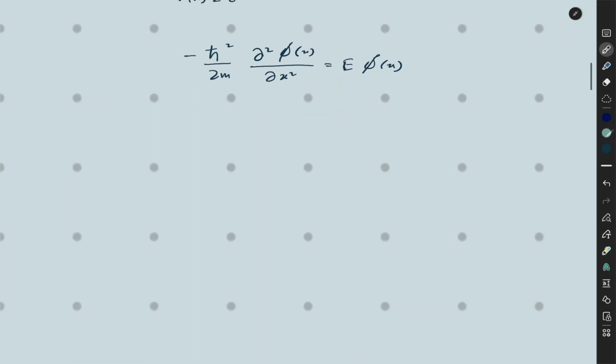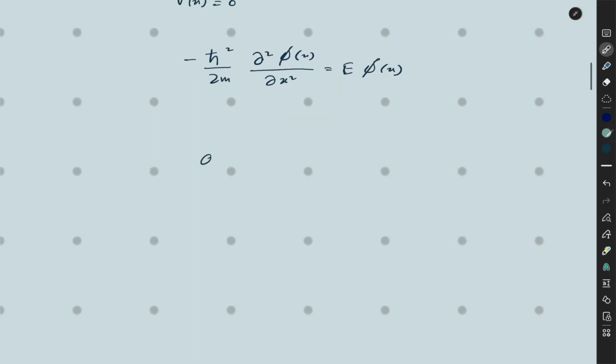Now if we solve this a little bit, we can see that del 2 phi of x by del x2 plus 2mE by h cut square into phi of x is equal to 0.